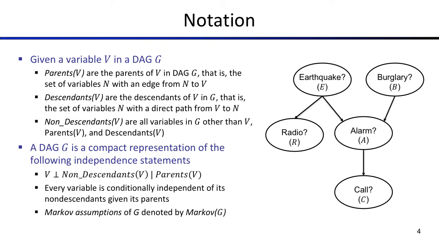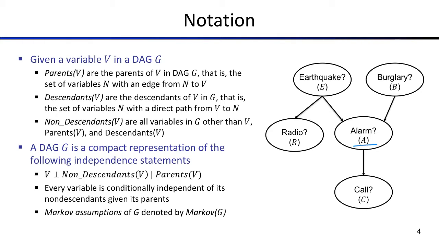So it would be good to introduce a little bit of notation so we can make our definitions clearer. So we will define parents, descendants, and non-descendants of a variable. Let's use A as an example here.